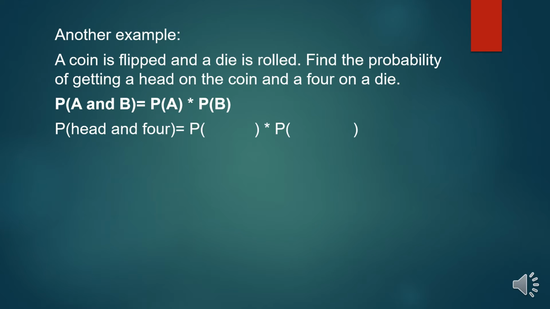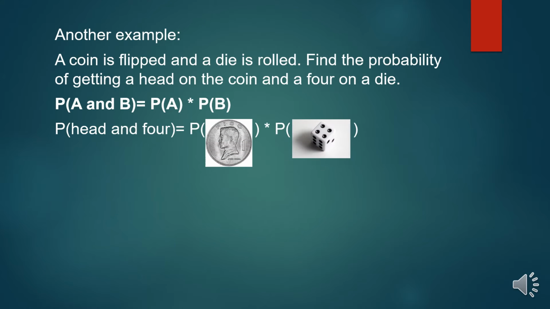Another example. A coin is flipped and a die is rolled. Find the probability of getting a head on a coin and a 4 on a die. By following the formula, the probability of A and B is the probability of A times the probability of B. So the probability of getting head and 4 is the probability of head, which is 1 out of 2, times the probability of 4, which is 1 out of 6.